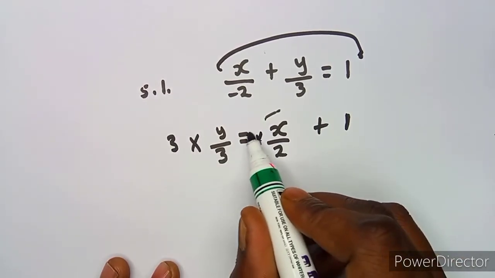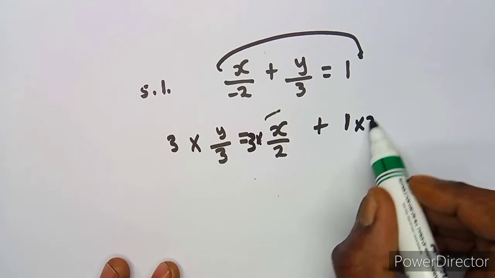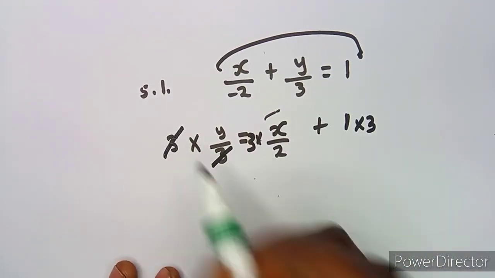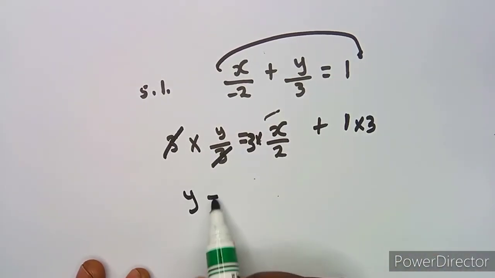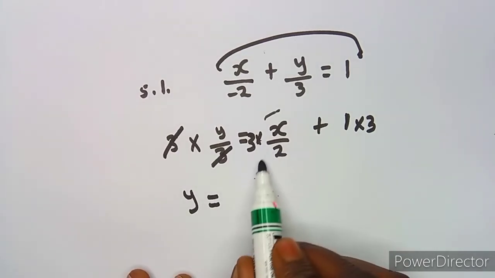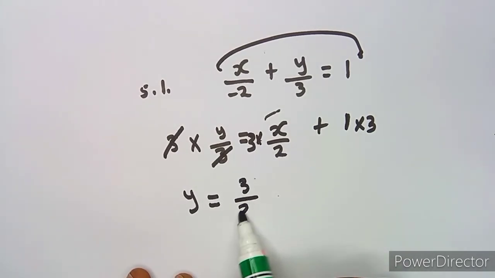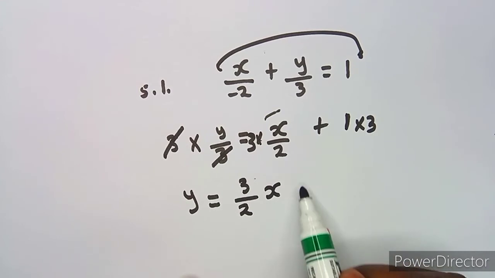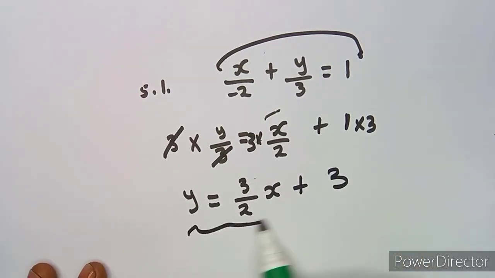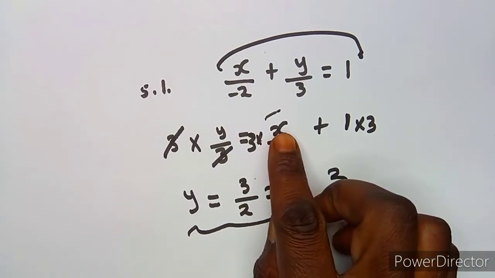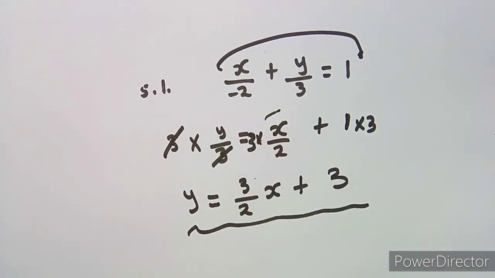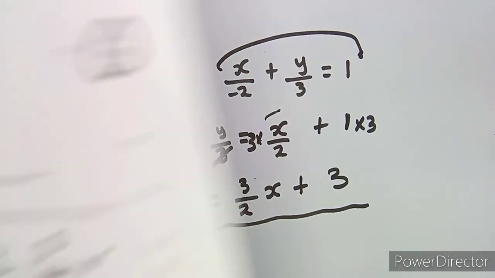Here we multiply by 3, the denominator, so that it cancels. You are left with y equal to, but this 3 affects everything, so it will be 3 over 2 x plus 3. So that is the standard form, because 3 times x over 2 is the same as 3 times 1 over 2, which is 3 over 2 x, plus 3.